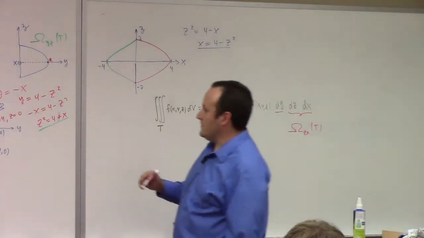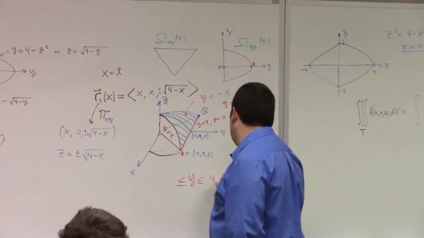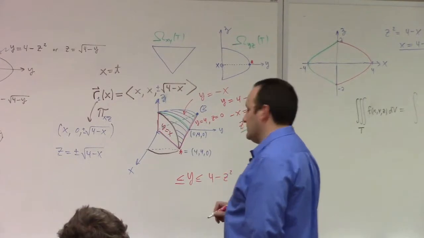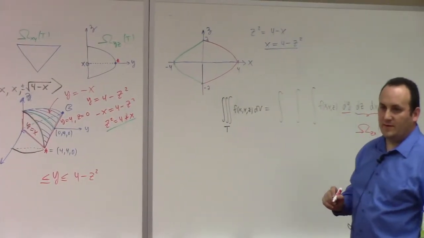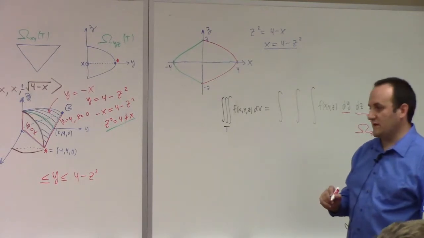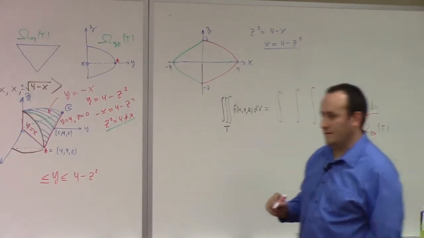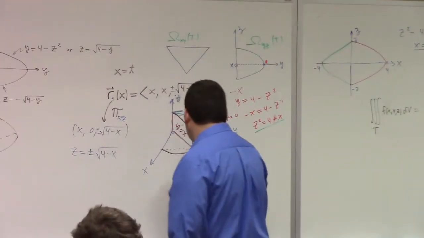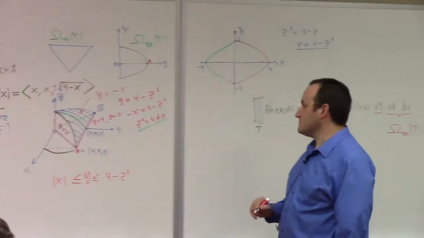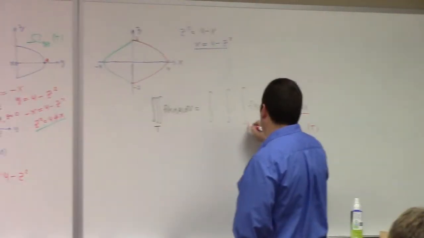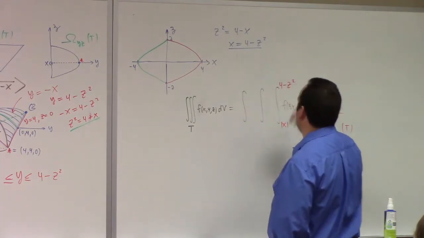I do the easy part. y is equal to 4 minus z squared. That's as far out as you go. That's the parabolic cylinder. That gives us the one edge. So I would have absolute value of x up to 4 minus z squared.